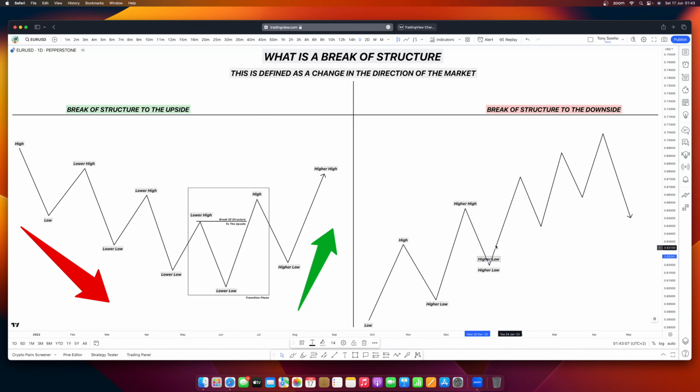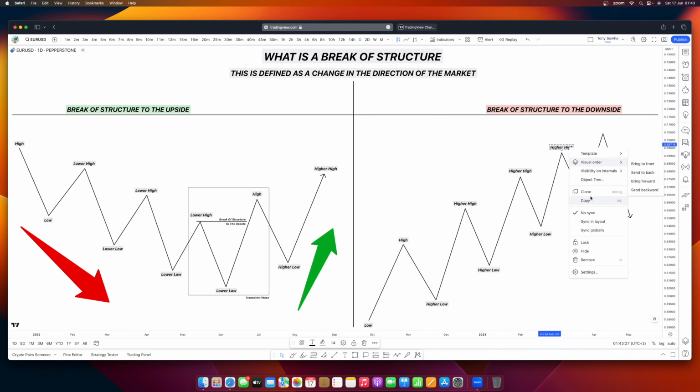And we have a new higher low here, and then we have a new higher low here. Then we have a new higher high, and then a new higher high.